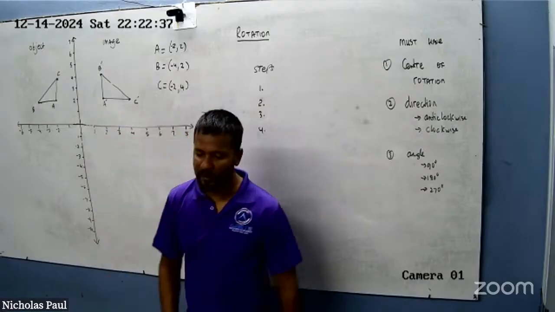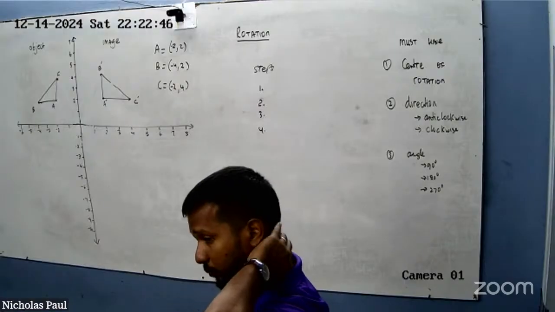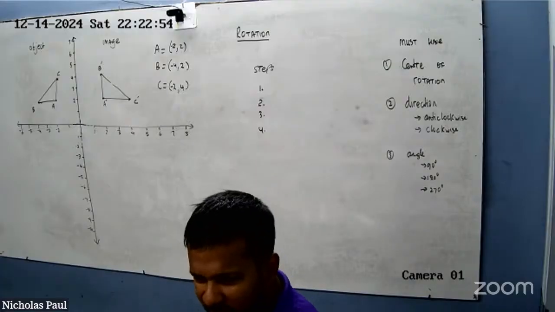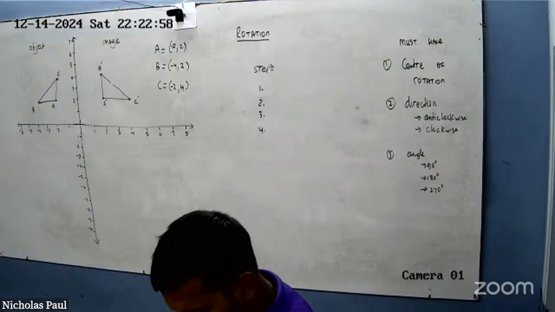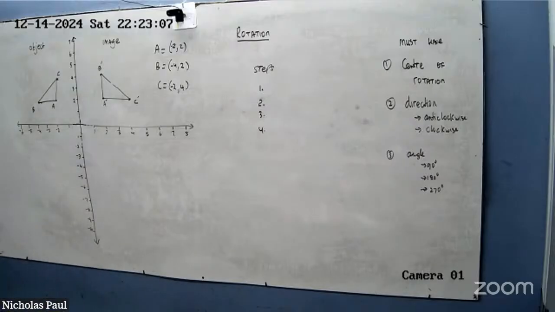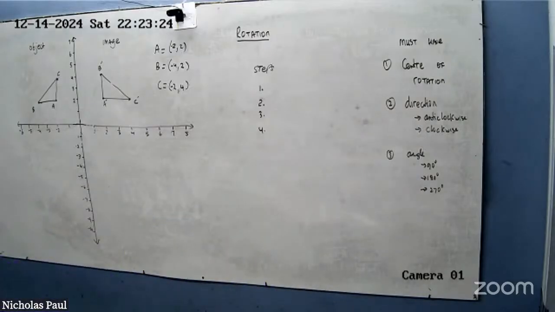So plot it back and then we're going to use this as an example. Plot ABC and A prime, B prime, C prime.